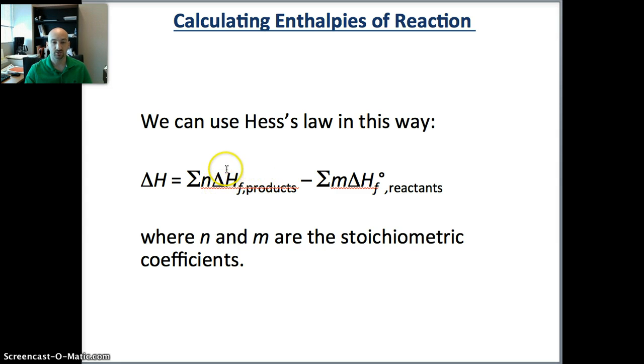So we take the delta H naught F of the product, so of glucose, maybe we have 2 moles of glucose, so we put 2 in for the n, which is the stoichiometric coefficient, times that minus 1,273 kilojoules per mole, and then we add that to the other product, however many coefficients is in front of that, times its delta H of formation. We add those together, and we subtract that from the sum of the enthalpies of formation of the reactants. So same thing here. Once again, we just calculate that, and that's going to give us our total delta H of the reaction.